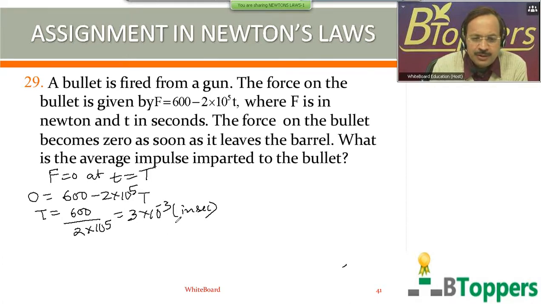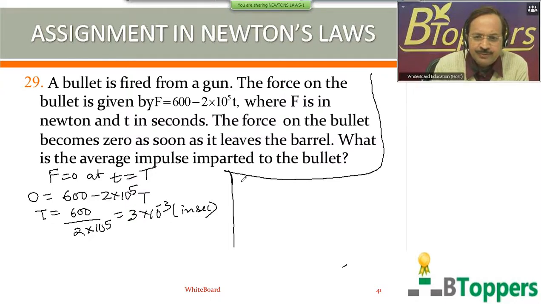Impulse for an infinitesimally small interval of time, we write as F dt. So the total impulse given to the bullet during this time interval capital T can be found this way.